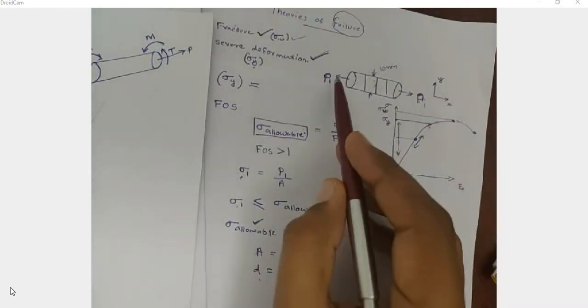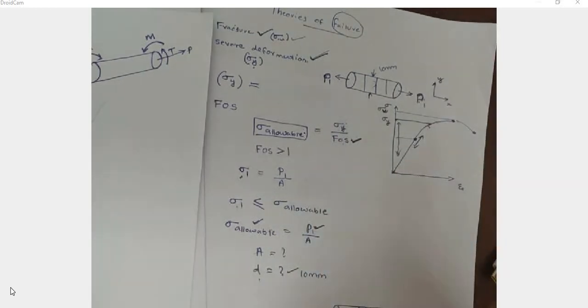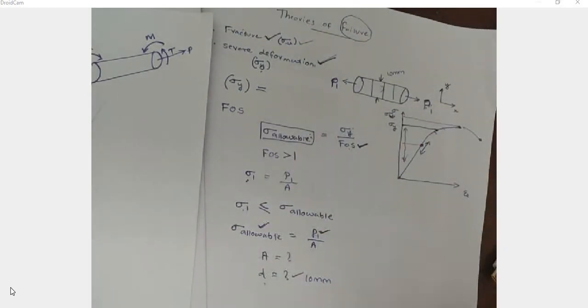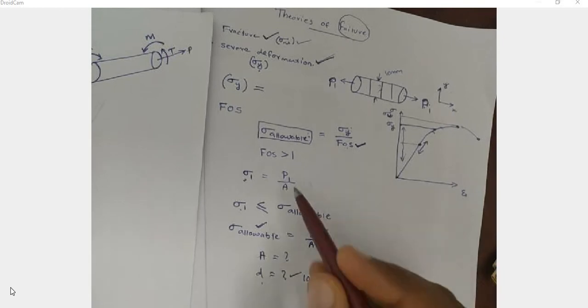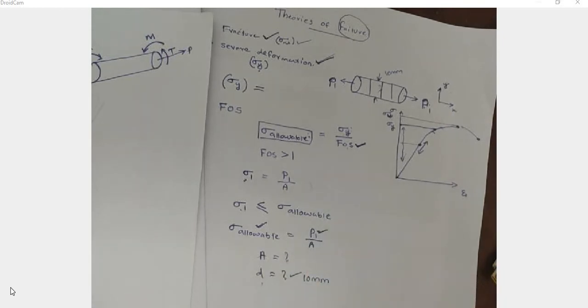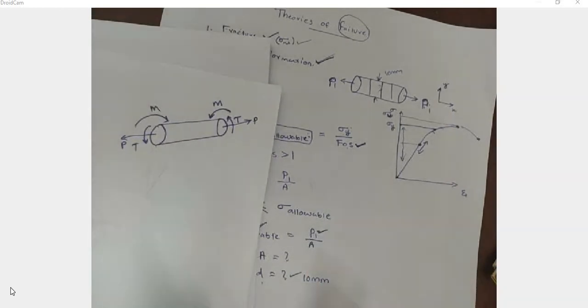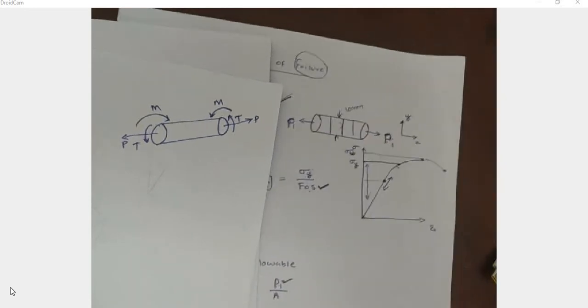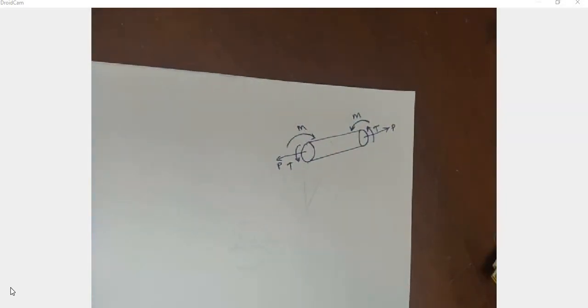So this is a simple uniaxial condition, and it is very easy to calculate all these parameters. But in this case, it is a very complex condition. For such complex conditions, we have to develop different theories to design this body. That is what we do in the theories of failure.